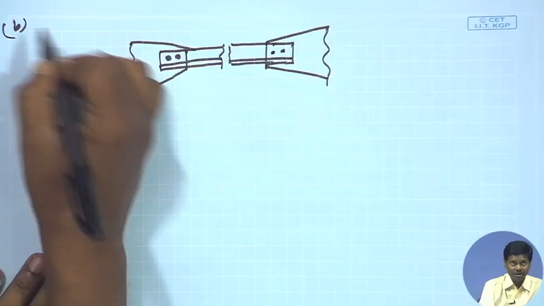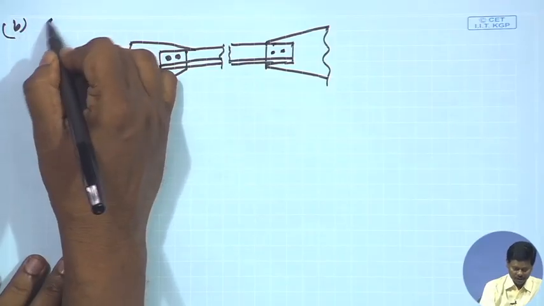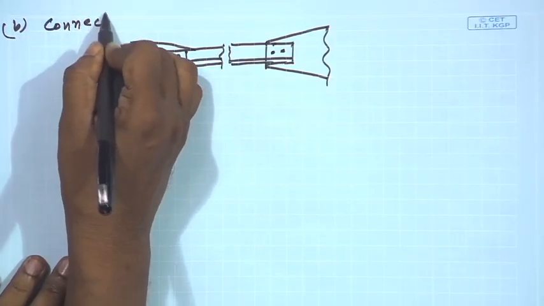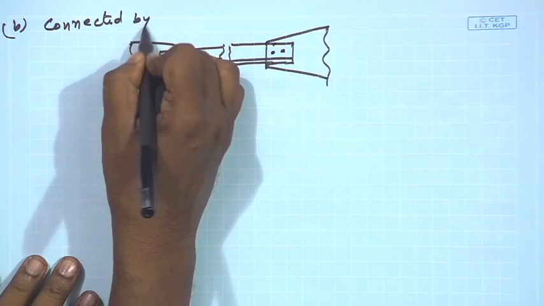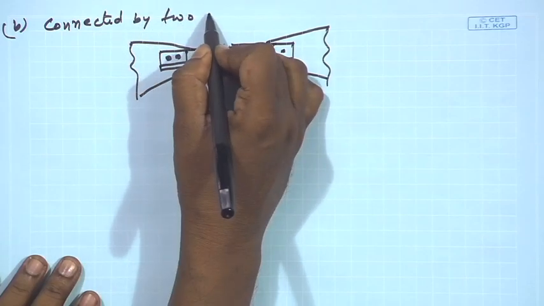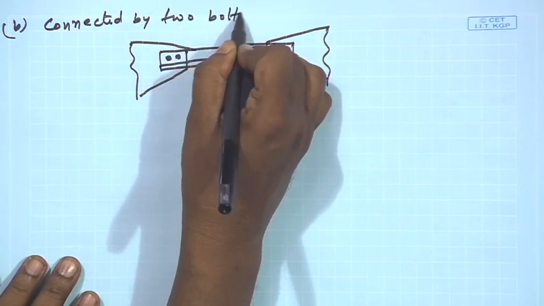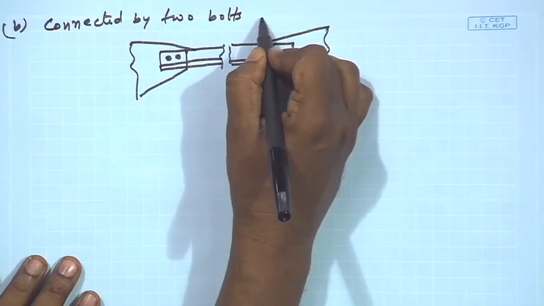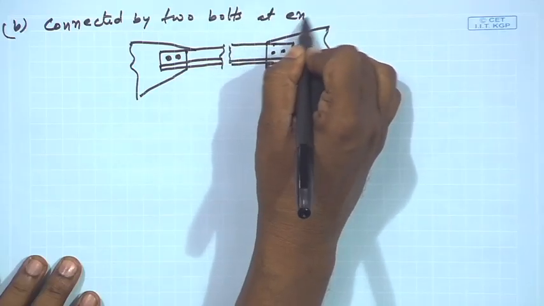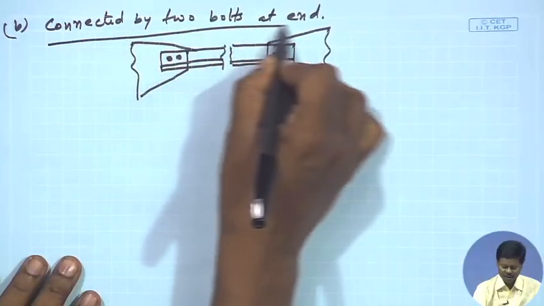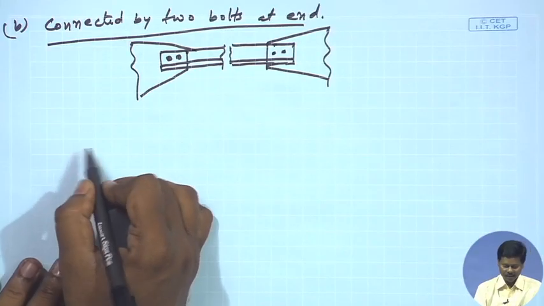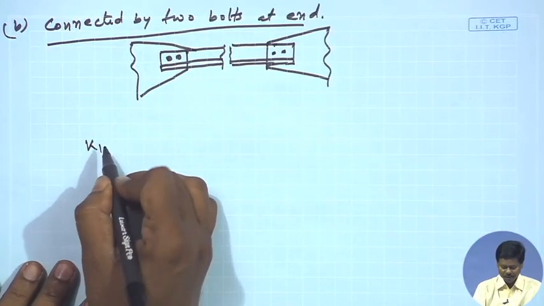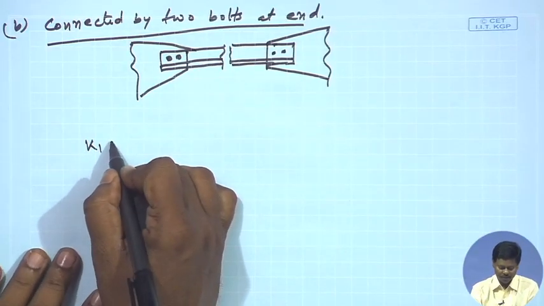So, this is case B, which is connected by 2 bolts at each end. So, for this case I can find out the value of K1, because here K1, K2, K3 will be different.